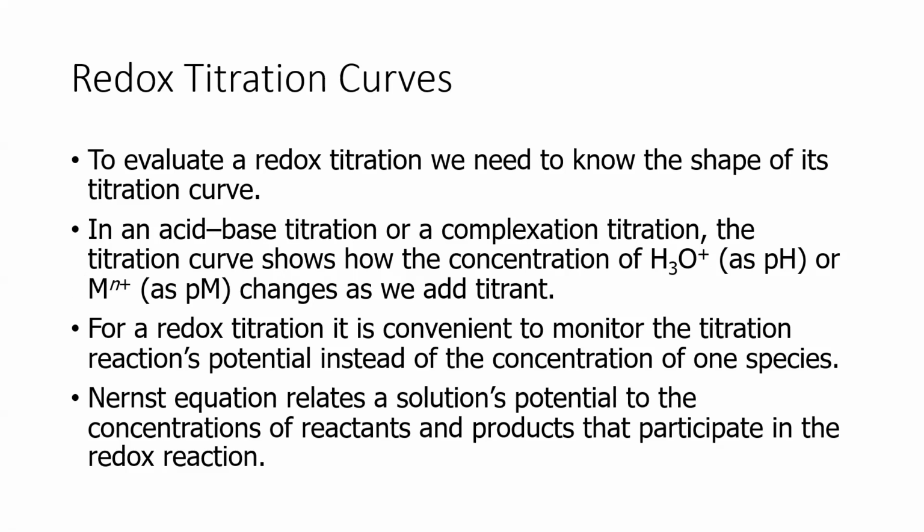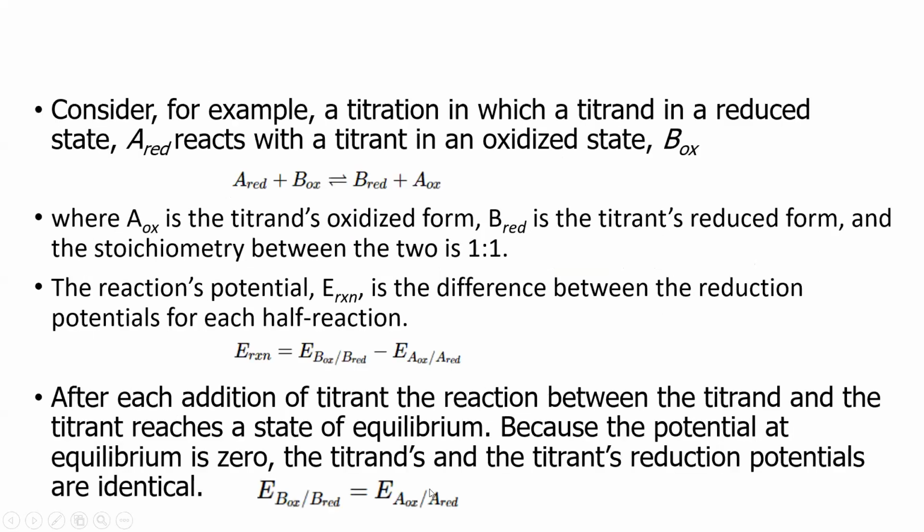And as you're adding your KMnO4, you can take note of the concentration of the hydrogen ion. But in redox titration, we monitor the reaction potential instead of the concentration of the species, and we use the next equation to obtain this.